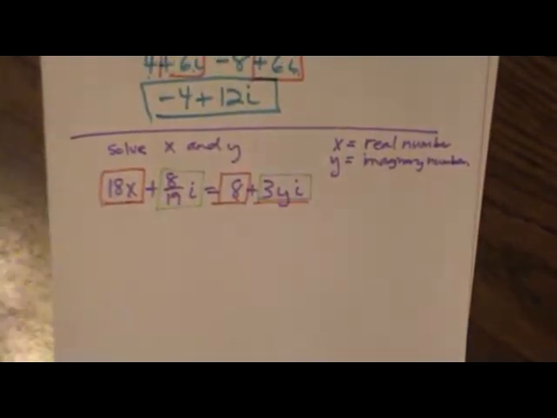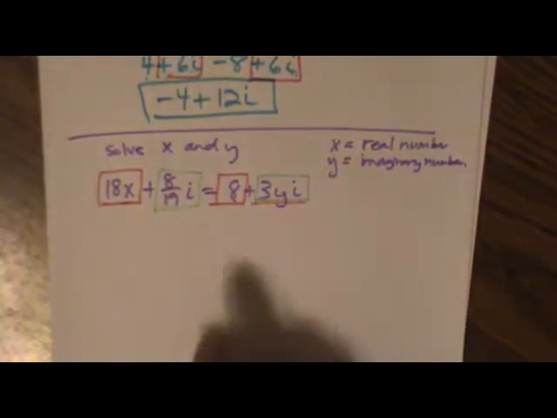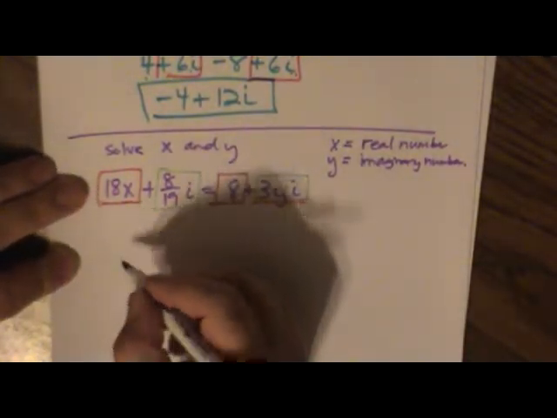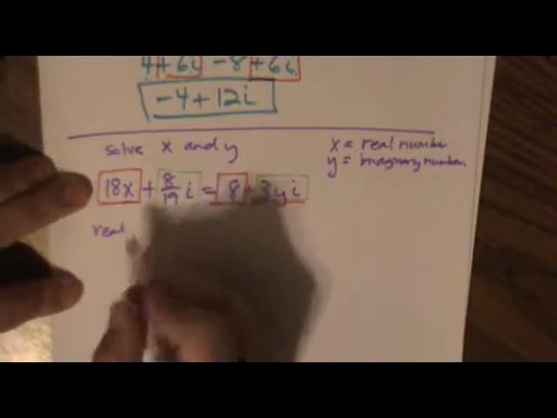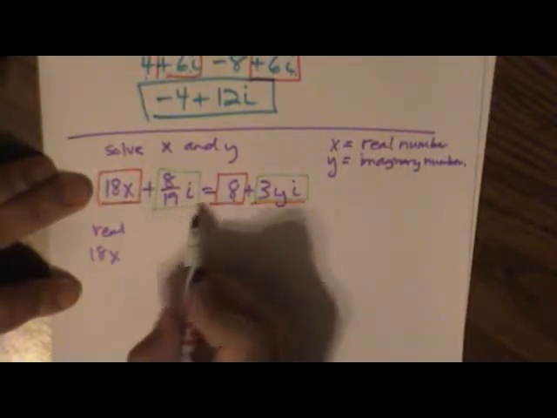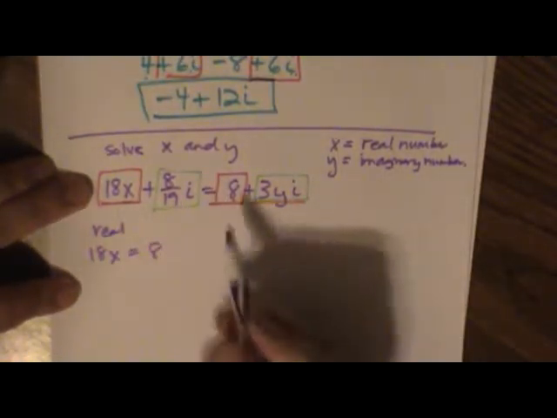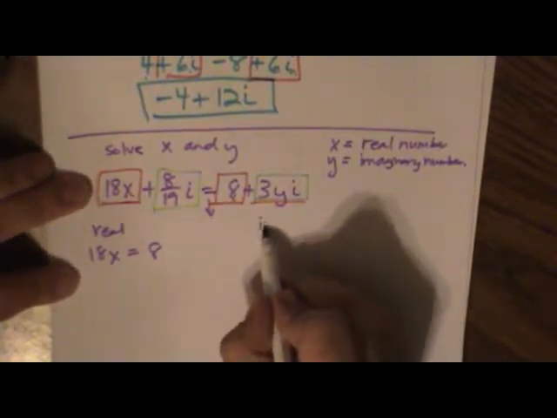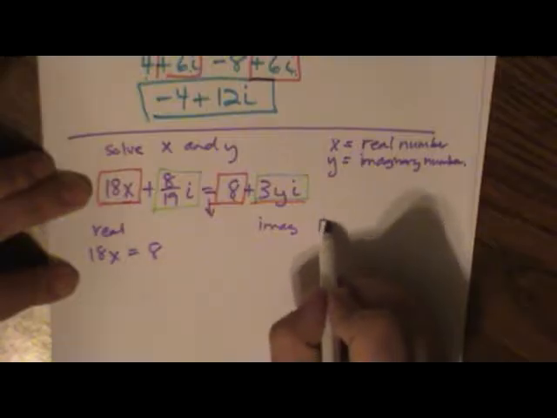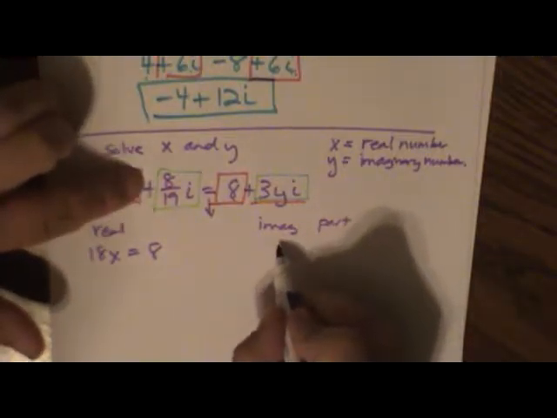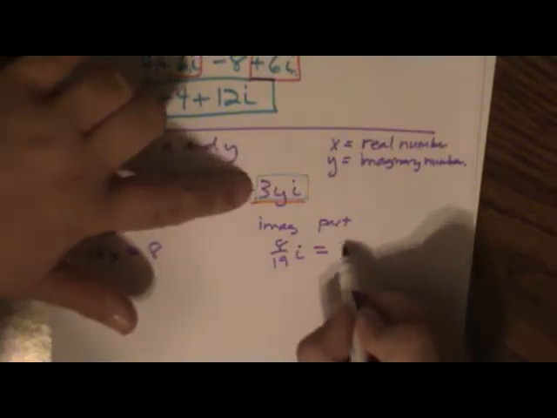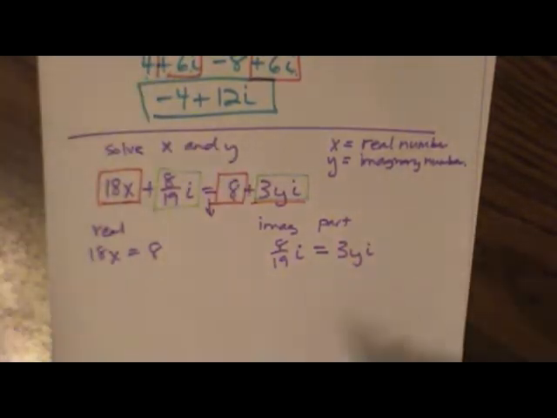Okay, so what we're going to do is write two equations to find out what they are. So our x's, or our real parts, is 18x equals 8. And keep track of your equal sign where it's at. And our imaginary part is 8 over 19i, and then we have our equal sign, 3yi.